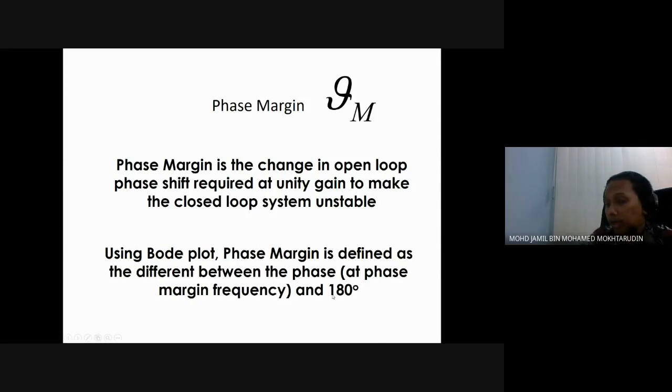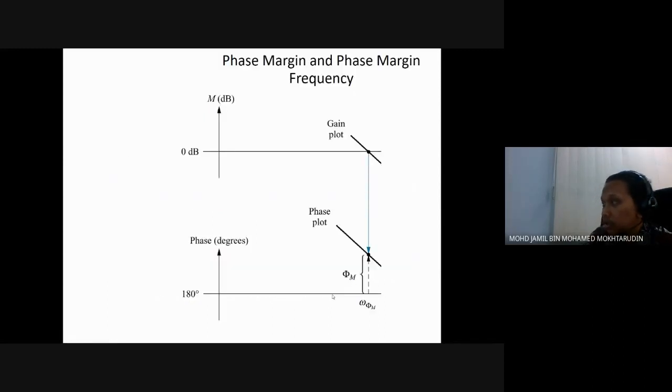Okay, so let's look at how to determine this from Bode plot. First you need to determine phase margin frequency. Phase margin frequency is the frequency at 0 decibel, so you need to look at the intersection at 0 decibel and then determine the frequency.